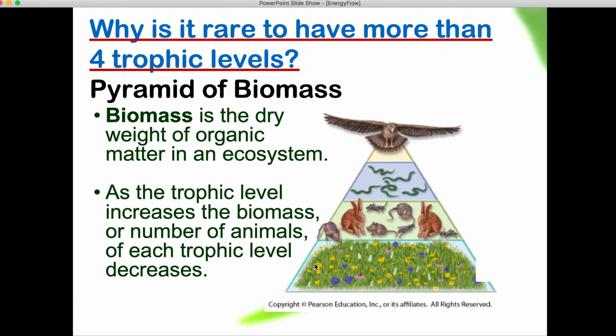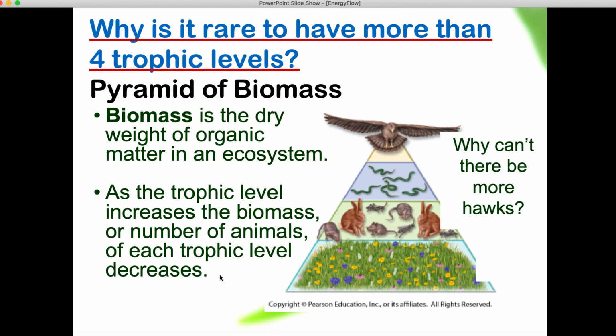So if we have a ton of these primary producers, we're able to then sustain more animals at each level. But if we were to cut this in half, we'd have to cut the next level in half, the next level, and so on and so forth. As the trophic level increases, the biomass and number of individuals in each trophic level decreases.